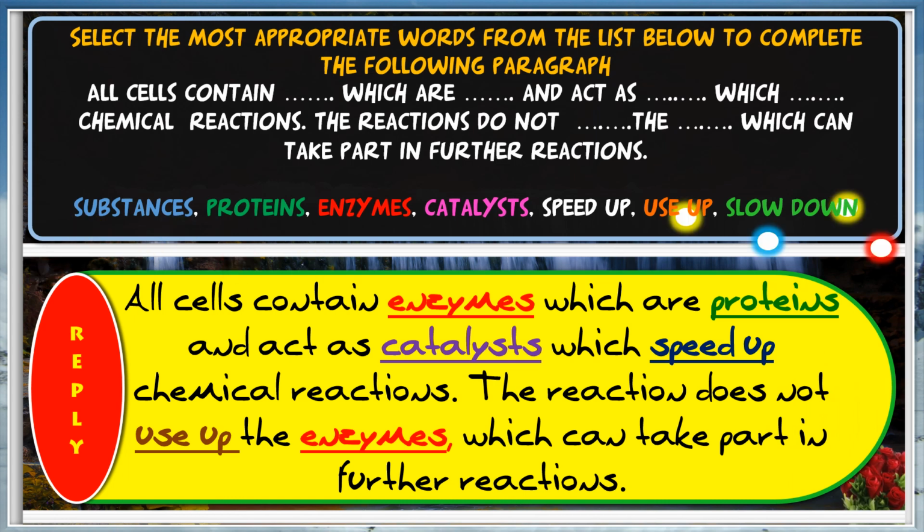Our statement will be: all cells contain enzymes, which are proteins and act as catalysts, which speed up chemical reactions. The reactions do not use up the enzyme, which can take part in further reactions.